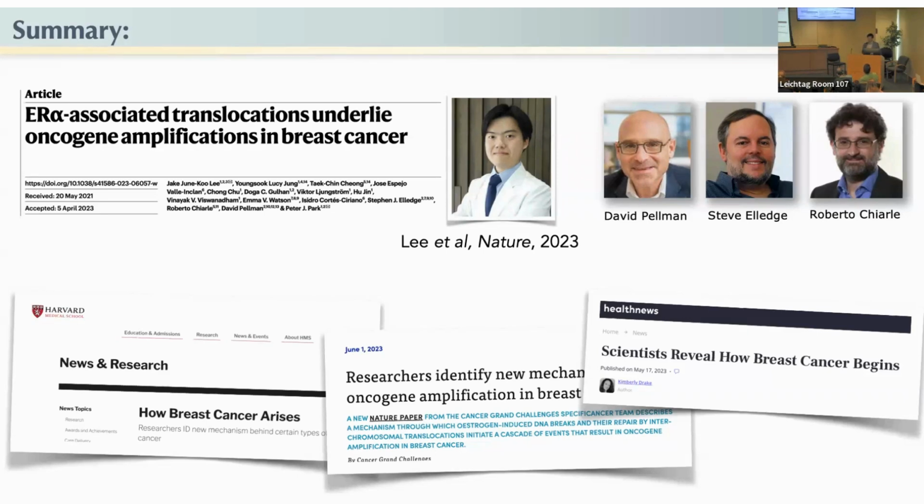For instance, in HR-deficient cases, we don't see this so often. So HR has to be really active for the repair to happen this way. Other than that, there aren't too many other repair pathway deficiencies that we could correlate with this.